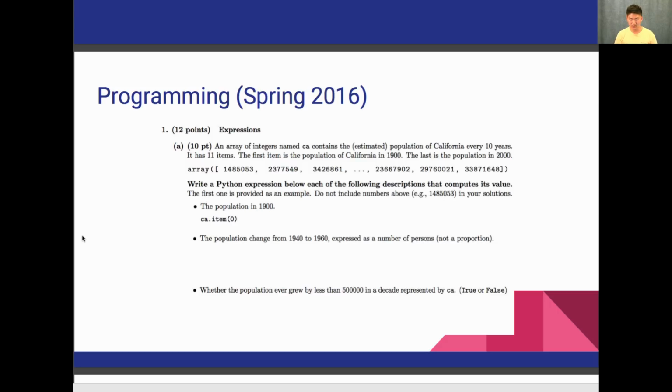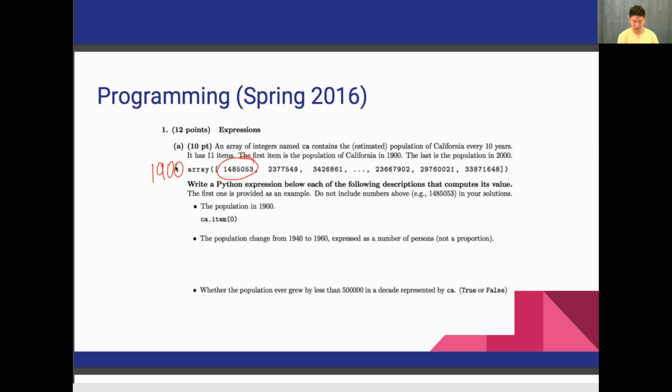So in this case, we basically need two pieces of information, the population in 1960 and the population in 1940. With those, we're able to calculate the difference as a number of persons. To get that answer, it's just indexing into the array. We know that the array is 0-indexed, so just a reminder, the first element corresponds to the population in 1900.